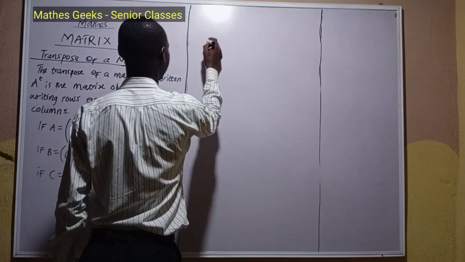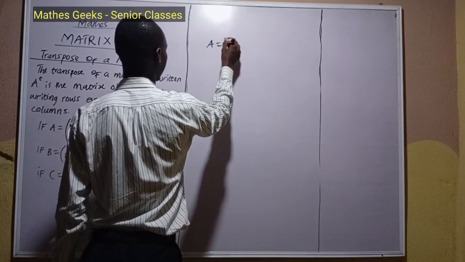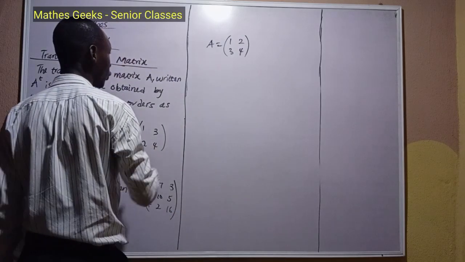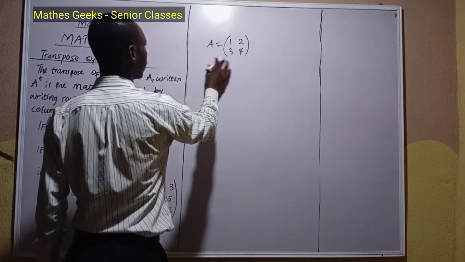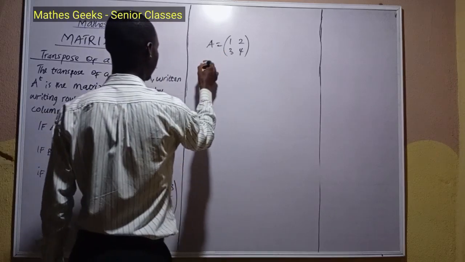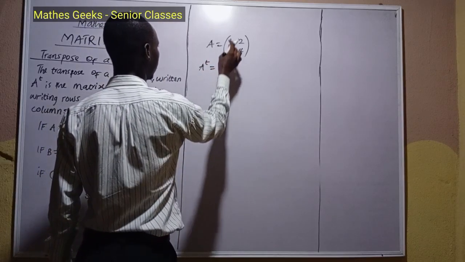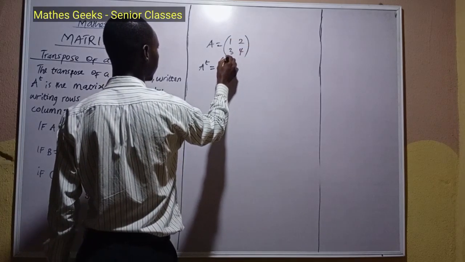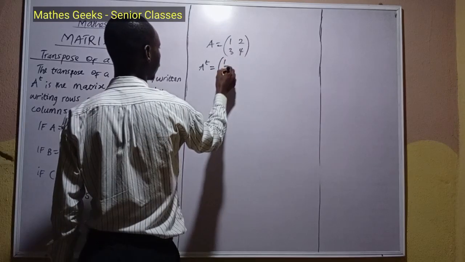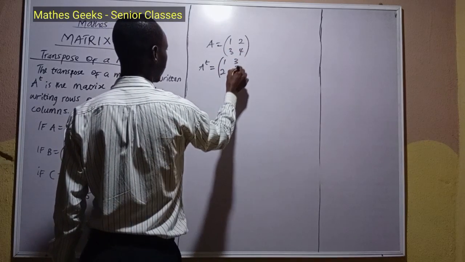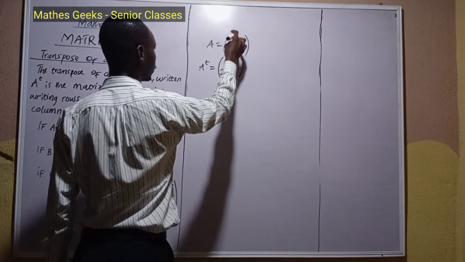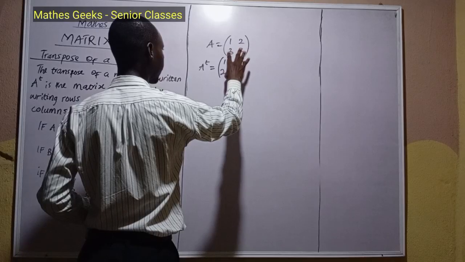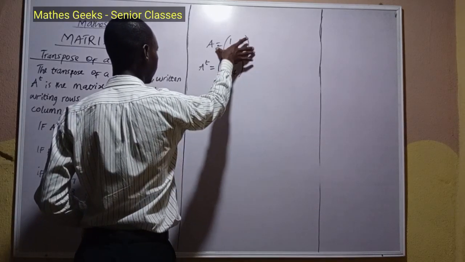When given a matrix A, 1, 2, 3, 4, and you are told to write the transpose of matrix A, it simply means we write matrix A by writing row as column. 1, 2, write it as column, this row, write it as column, and we are still going to have the same order. This is the transpose and this is the matrix.